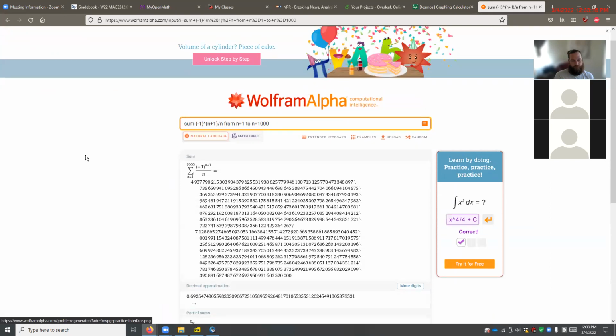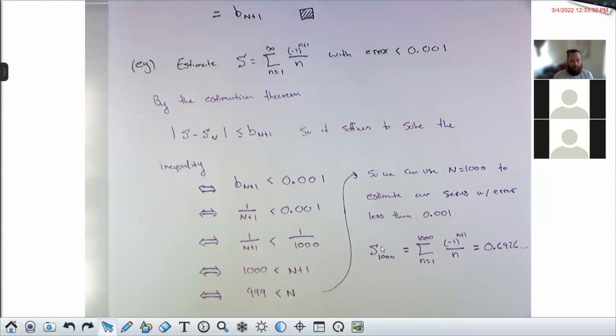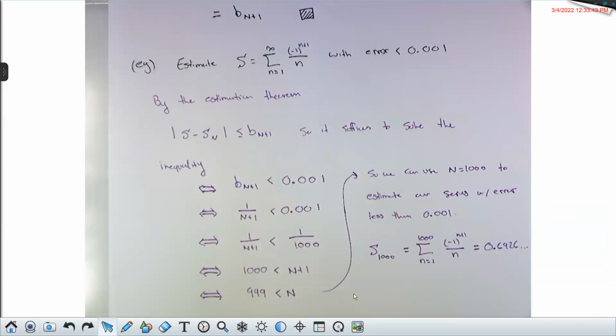Okay, here it is as a fraction. As a decimal, we get 0.6926 and so on. Anybody want to guess what this number is? I've made a few jokes about it. It's the natural log of 2.